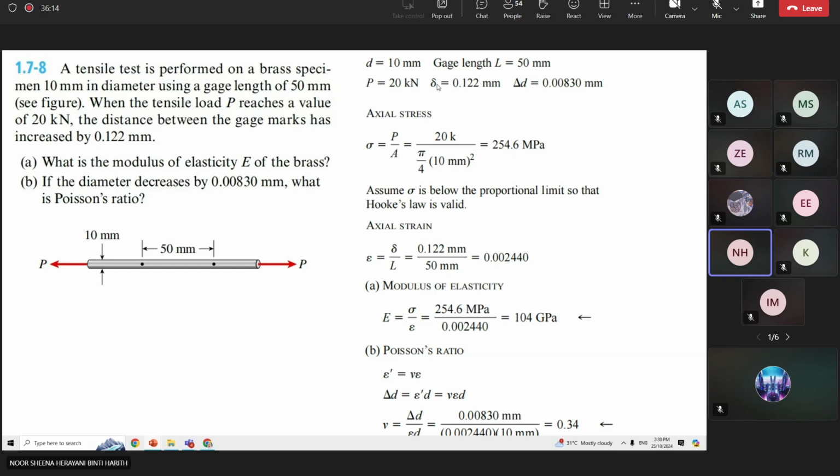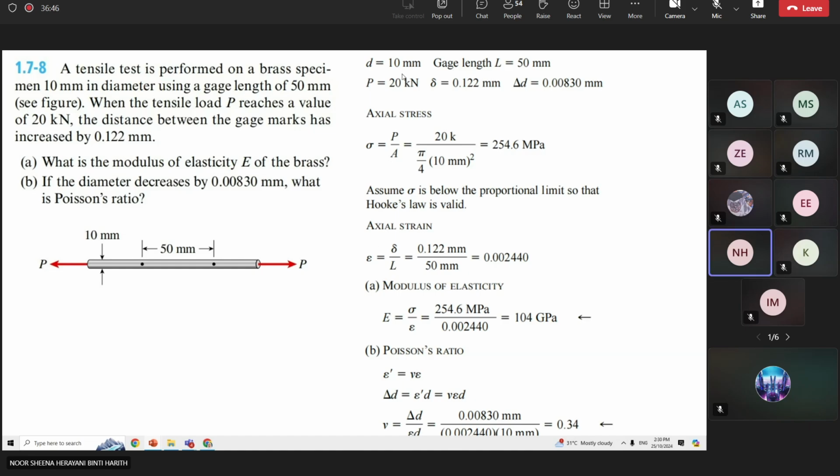This is the strain value, and the stress value you need to calculate first. So sigma equals force divided by A. Force applied is 20 kilonewton divided by the area, because this is circular, and the diameter is 10 mm. So the area is pi d squared divided by 4. So the sigma, or the axial stress, equals 254.6 megapascal.